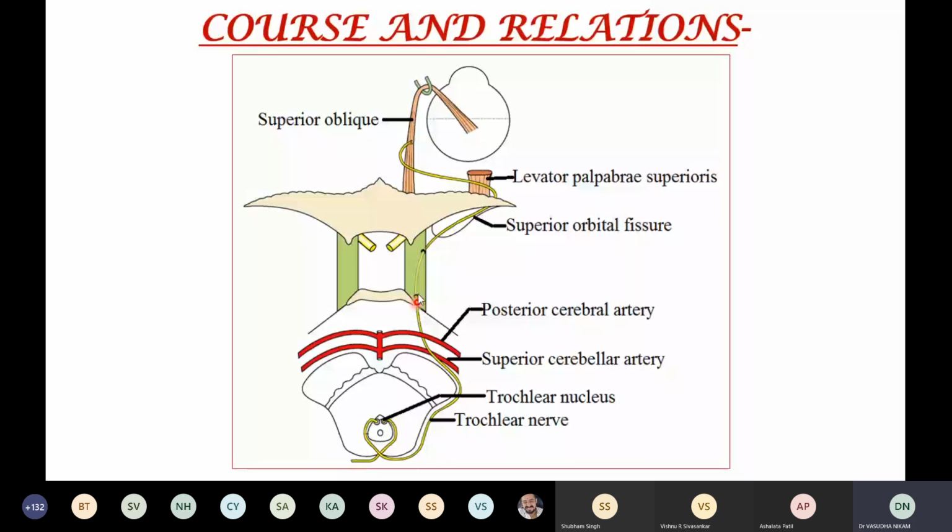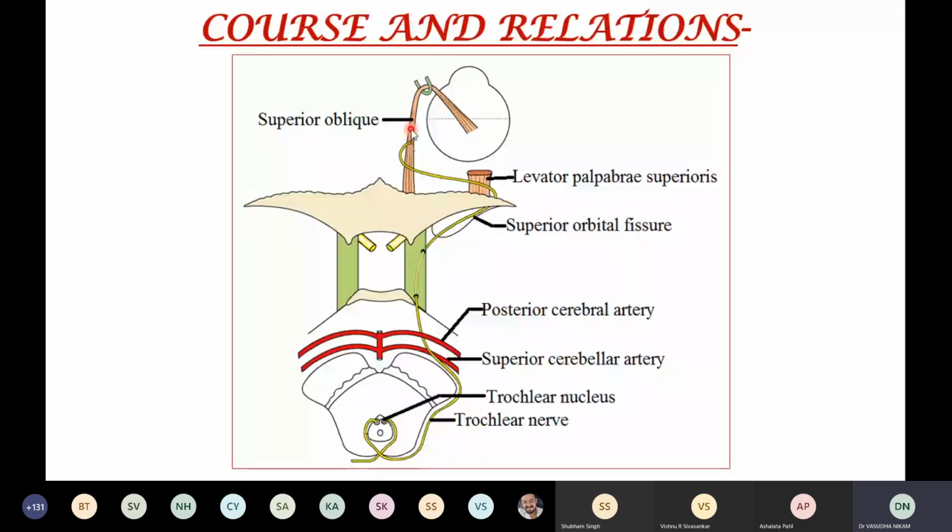Above lies the oculomotor nerve, below lie the ophthalmic and the maxillary nerve. In the superior orbital fissure, it will lie lateral to the tendinous ring of Zinn, and now it will be related to the levator palpebrae superioris and then comes to lie along the supramedial part of the orbital wall towards the superior oblique muscle. Have you followed it? So in short, we have revised.